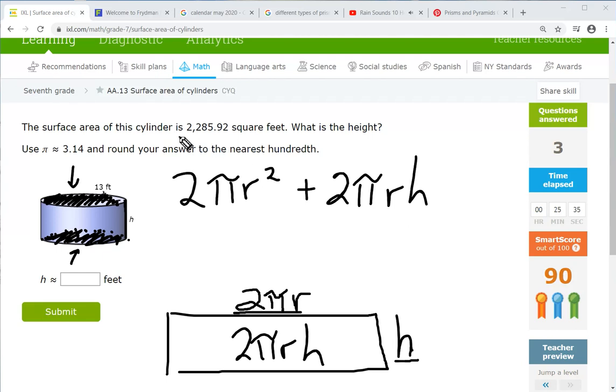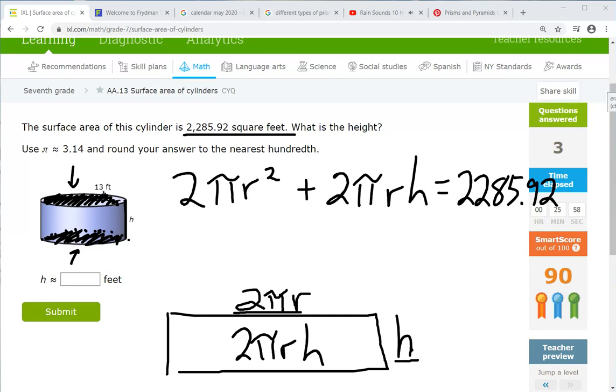But we're told that the total surface area of the cylinder is 2,285.92 square feet. So we can just take this and set this all equal to 2,285.92 square feet. I'm just going to leave the units out of it for right now.